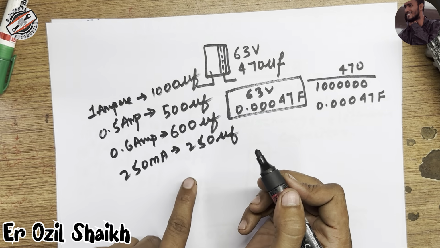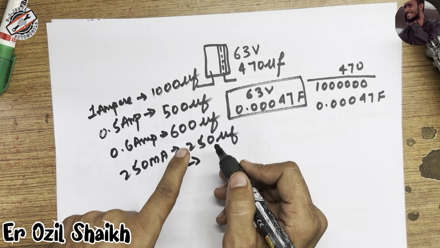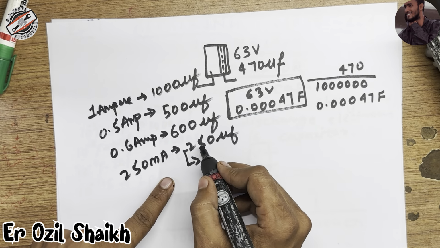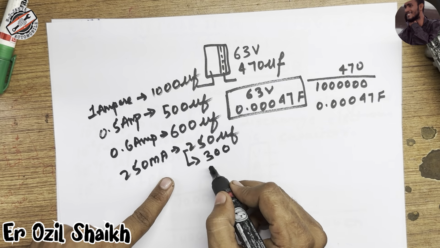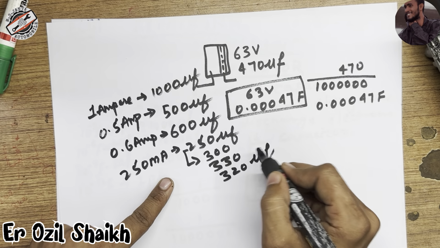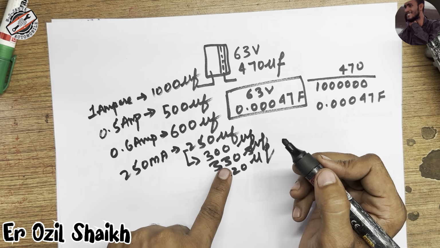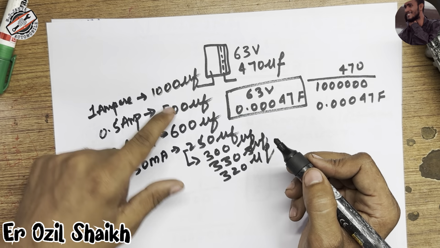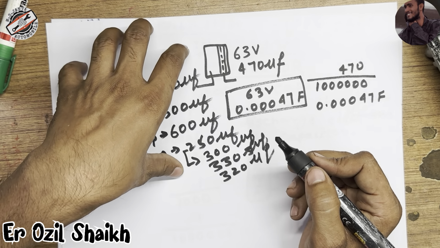But you can increase the farad value of the capacitor, not decrease. If you have 250 microfarad, then you can put 330 or 320 microfarad. Always the farad value will be higher. So farad is like an ampere.